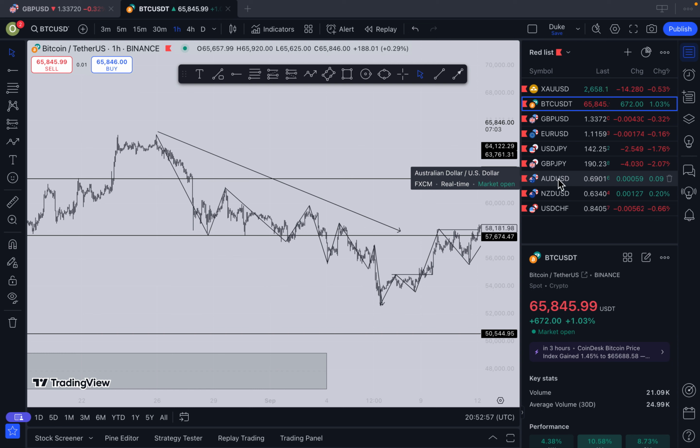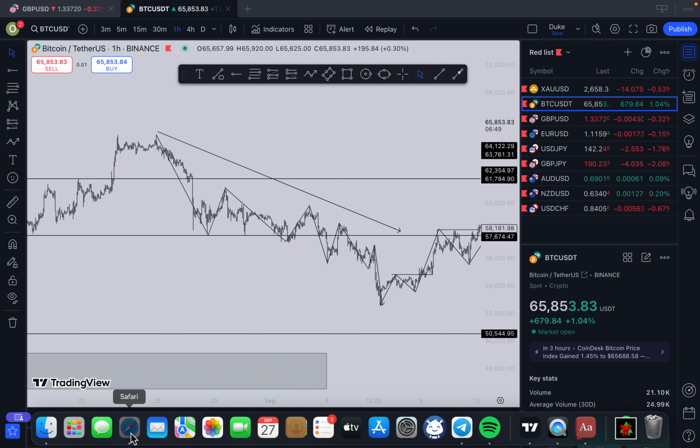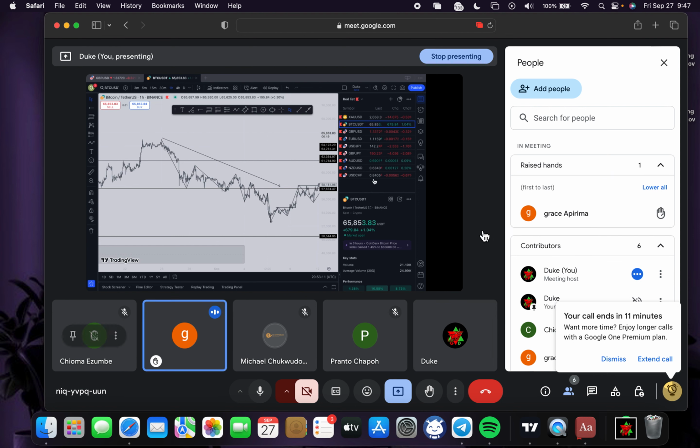Are we to set the time ourselves? On AUD USD, use your 15 minutes. Mark out your uptrend and your downtrend. Are we the ones to set the time?